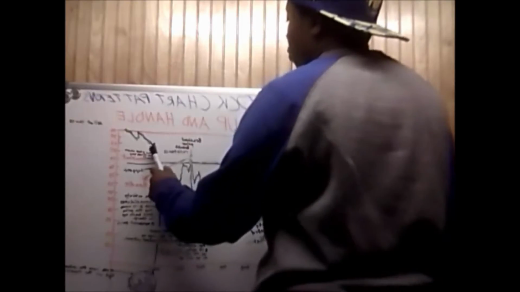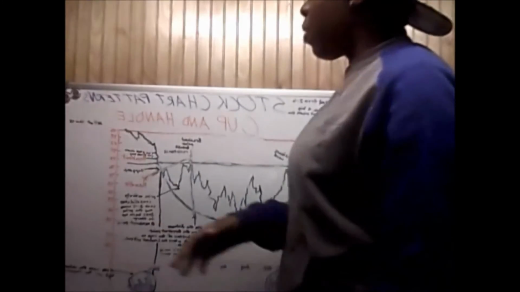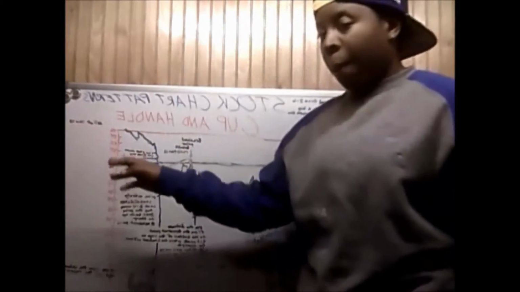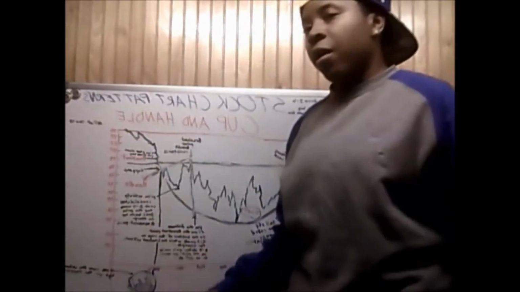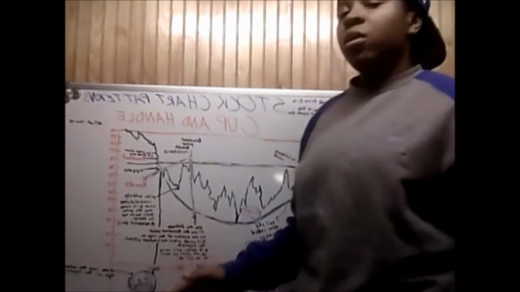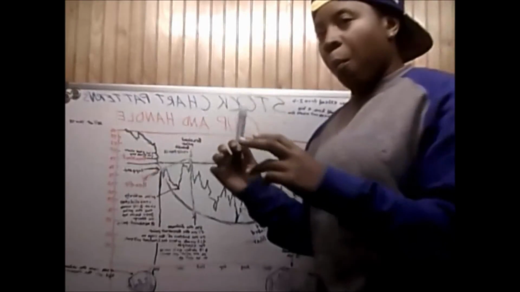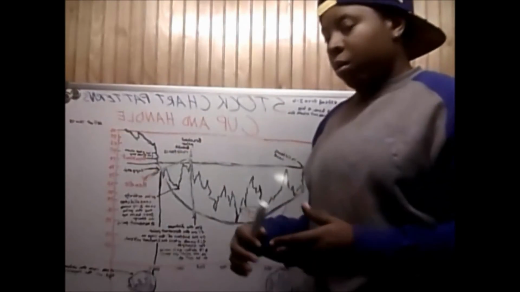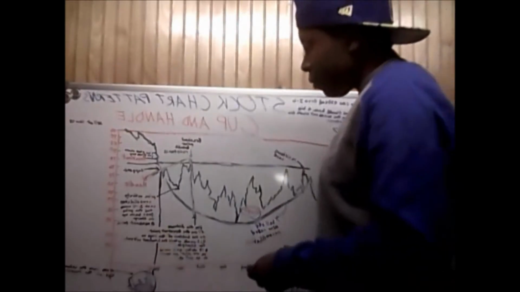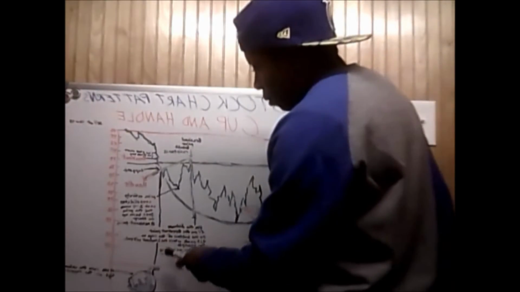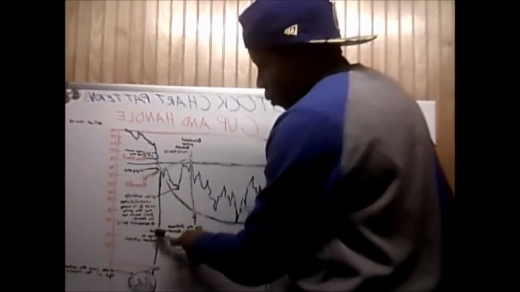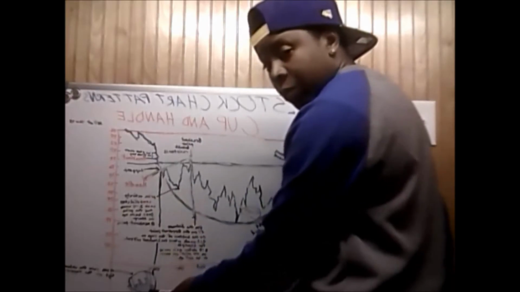Personally, I would come out between $46 and $48. I wouldn't stay in past $46 or $48, because you're taking a risk when you're trying to get closer to the estimated amount that you figured. But also remember that your support will break out.